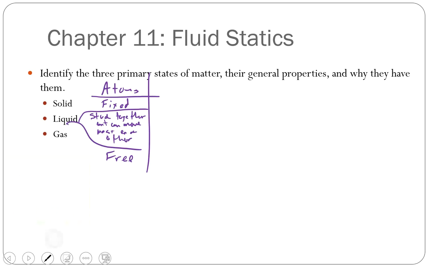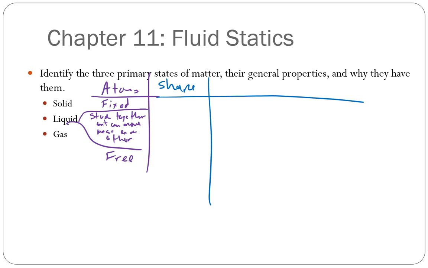So when we talk about the shape, if it's a solid, because the atoms are stuck in one position, the shape is fixed. It can't change shape because that would require the atoms to move about. Whereas the liquid, it can change. It changes to whatever its environment.